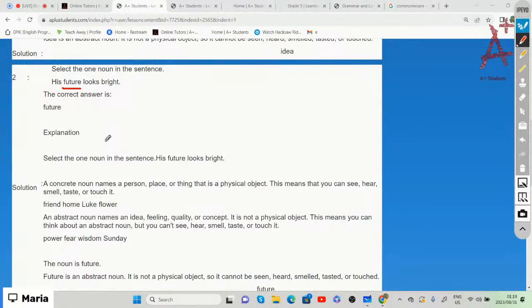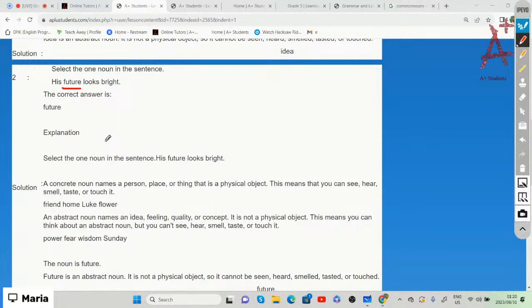As much as I can say, oh, I can see his future looks bright, I can see it, we cannot see future, right? We cannot touch future, which means that future is an abstract noun. Specifically, we cannot see future.